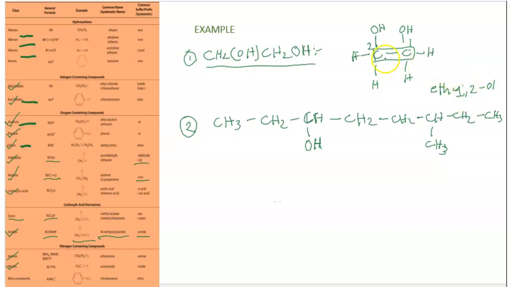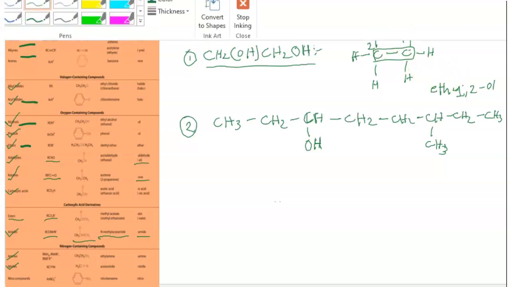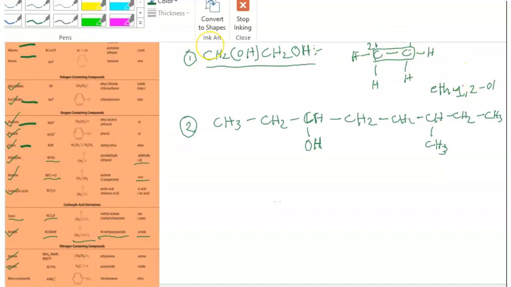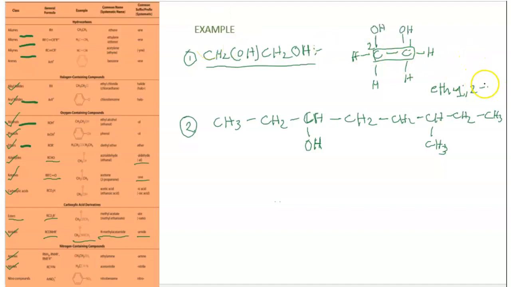Here you can see there is a 2 ol, meaning 2 alcohols, so OH groups, so it is a diol. This is a diol. So eth 1,2 diol.